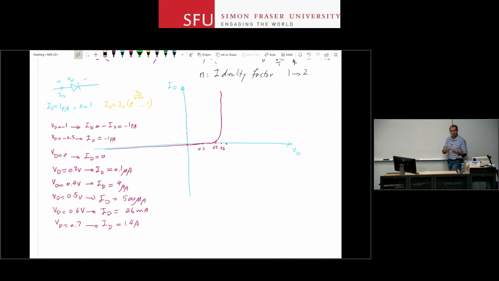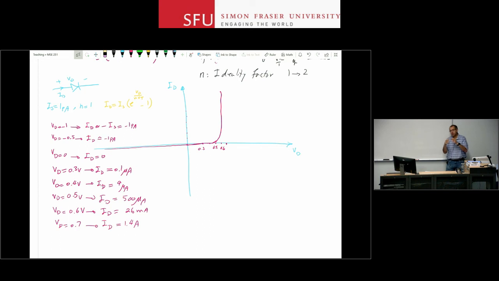Remember that IS of 1 picoamp, I should never be able to see it on that scale. So for negative voltages, I don't get any current through this practically. And for large enough positive voltages, I get a lot of current through this device. It looks like an ideal diode whose characteristic curve is shifted to the right a little bit.